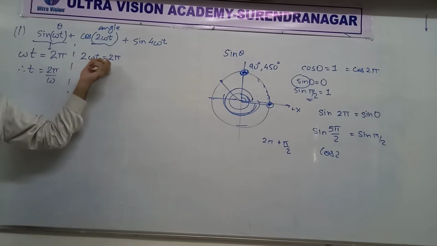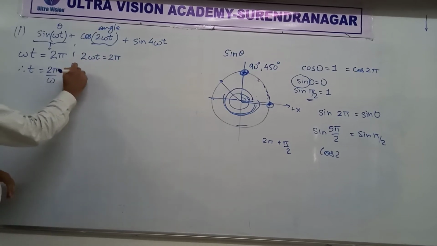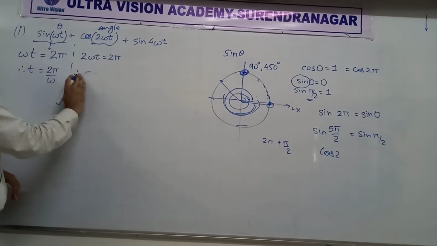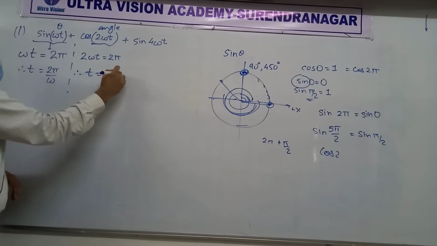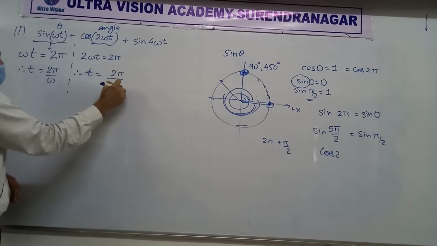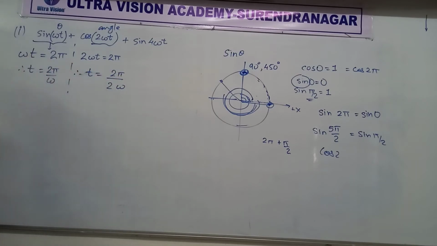Okay, so 2 omega t equal to 2 pi. Therefore, here we get t equal to 2 pi by 2 omega. I know 2 can be cancelled, but I don't want to do that. So what we are seeing is that the first term will repeat itself after t equal to 2 pi by omega.